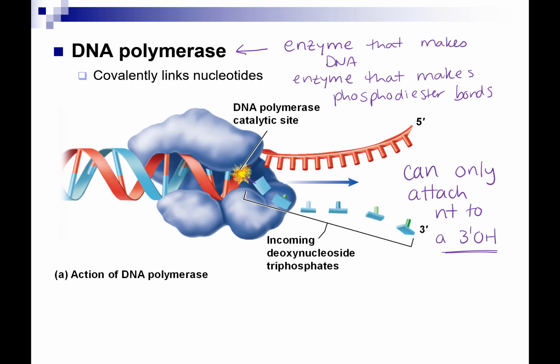It needs that 3', and remember we draw our nucleotides: sugar, phosphate, base. It requires this 3' hydroxyl group, and it only attaches to the 3'. So we call the direction of DNA replication 5' to 3'.